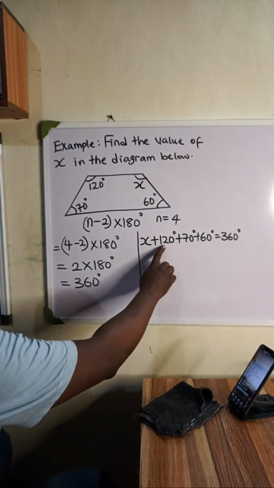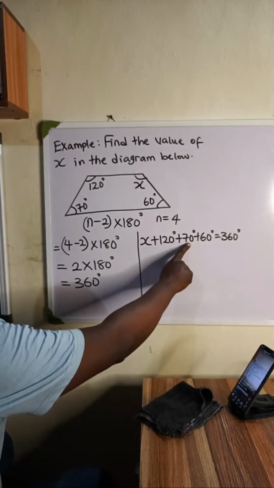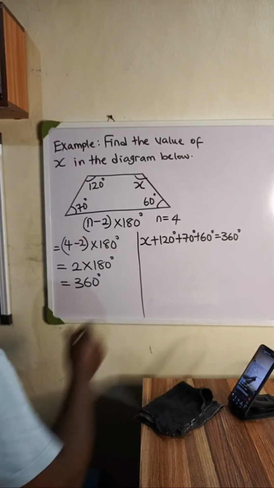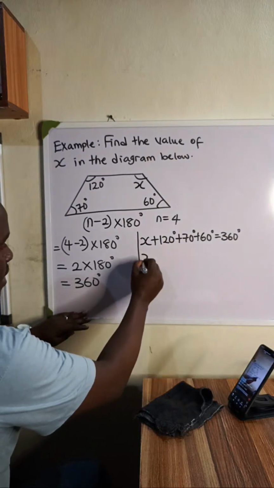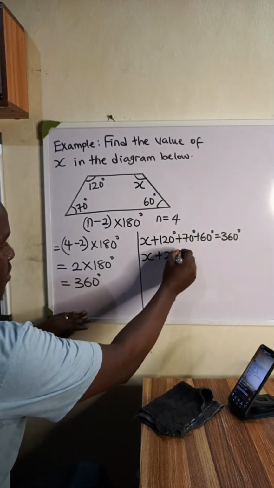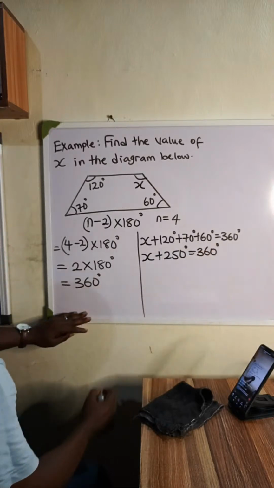So 120 degrees plus 70 degrees gives us 190 degrees. 190 degrees plus 60 degrees gives us 250 degrees. So that means x plus 250 degrees is equal to 360 degrees.